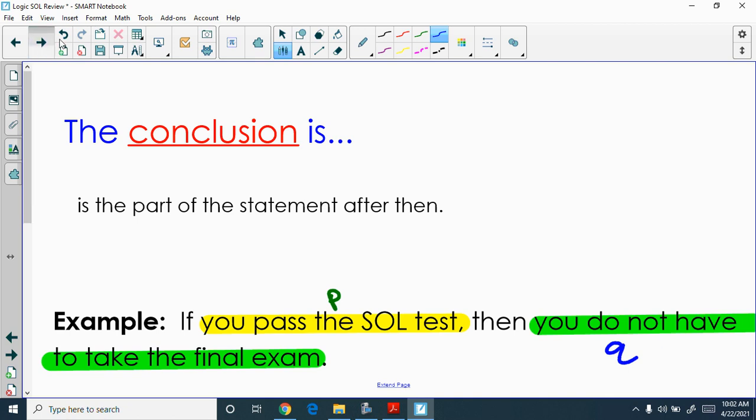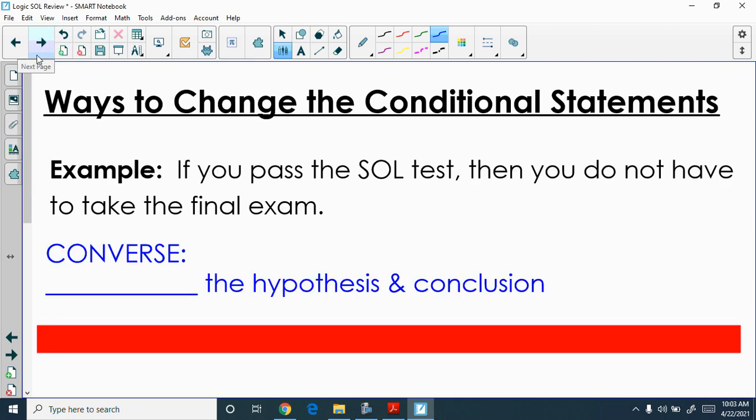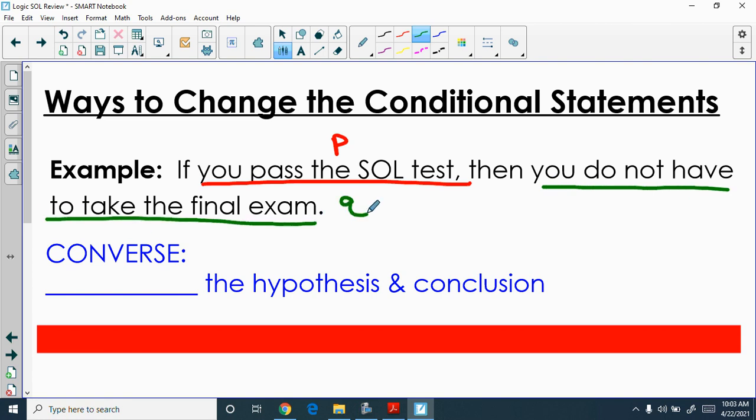Okay. So there are three different ways that I'm going to talk about how to change the statement, and then I'll tell you what the biconditional is. So remember, our statement is if you pass the SOL test, then you do not have to take the final exam. I'm going to first underline my P. So that's my Q, you do not have to take the final exam. That's my conclusion.